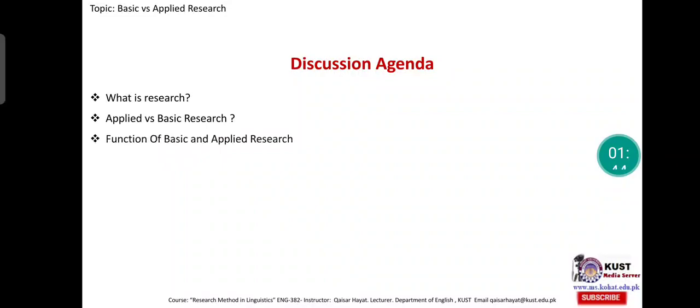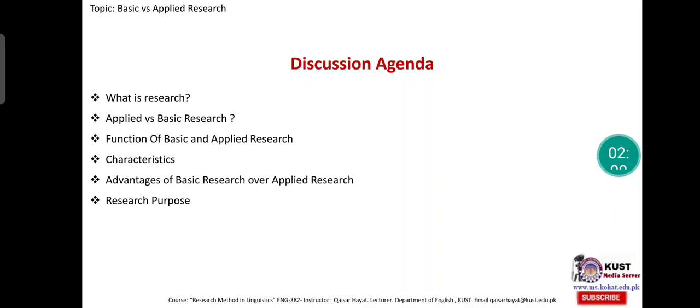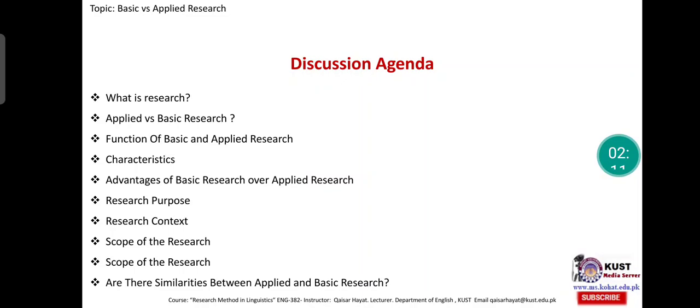What are the functions of both types, and the characteristics of both types, the advantage of basic research or applied research, as well as research purpose and research context, the scope of the research, and after the scope, there are some similarities between these two. Student, these are the topics.